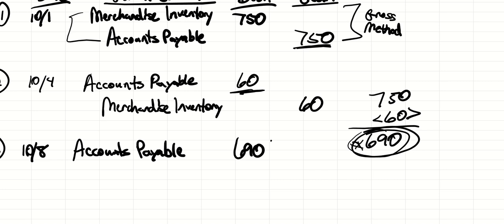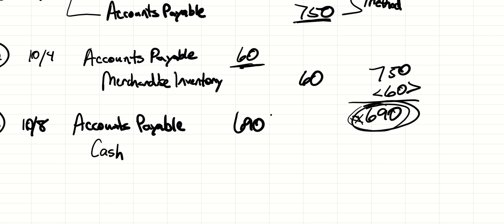The next thing we're going to do is record our cash payment. That's the second step; this was the first step. The cash payment is going to be figured out from this $690.